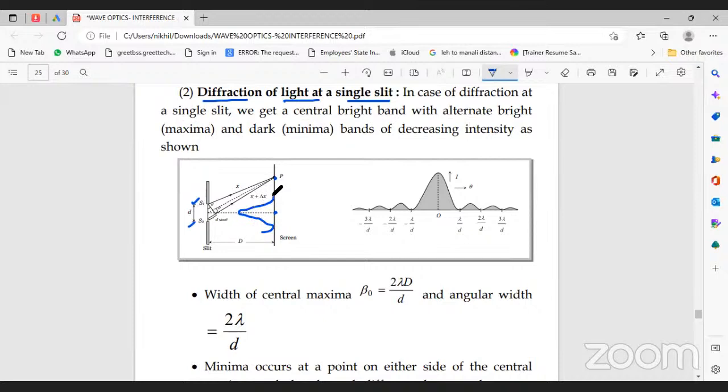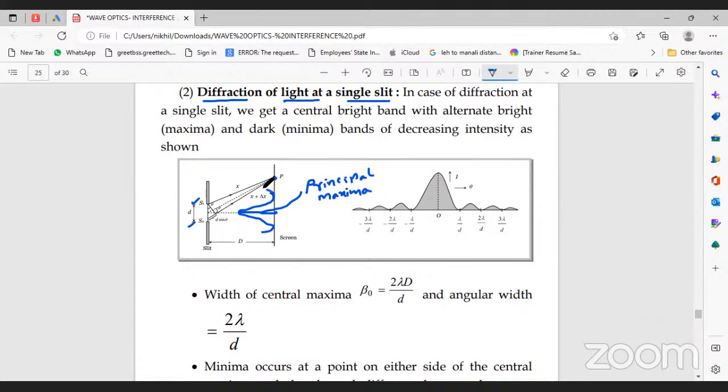At the center, you are going to get a maximum intensity. This is what we call a principal maximum, which you can also call the central maxima.